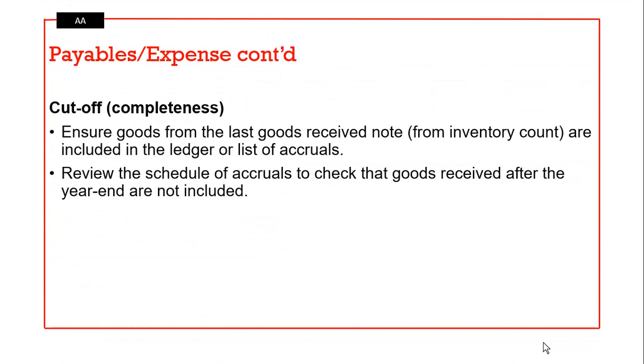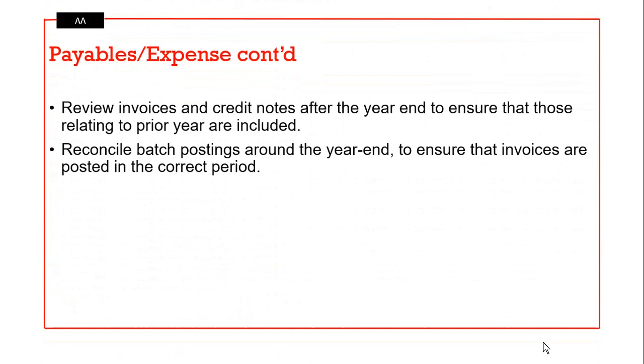Under cutoff, you want to ensure goods from the last goods received note are included in the ledger or list of accruals. You want to review the schedule of accruals to check that goods received after the year end are not included, because these will be expenses for the following period.